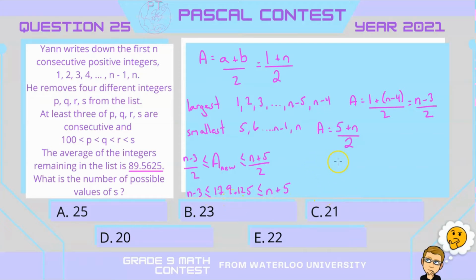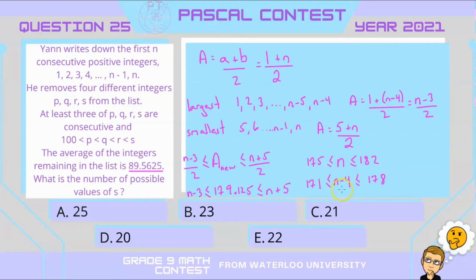And when I do that, I can say then that n must be greater than or equal to 175 and less than or equal to 182. And if I subtract 4 to figure out what n minus 4 would be, it must be greater than or equal to 171 and less than or equal to 178.